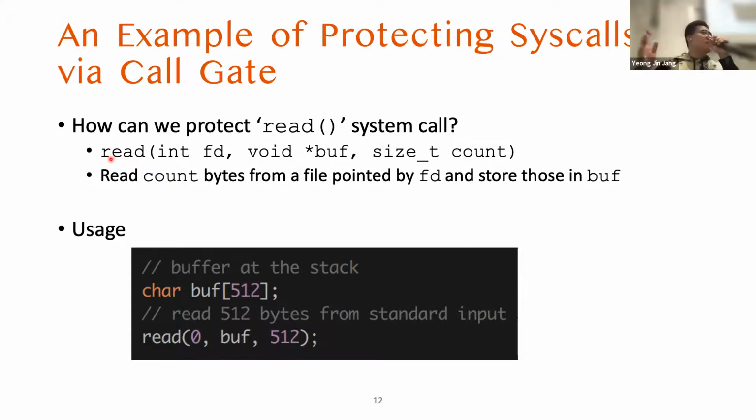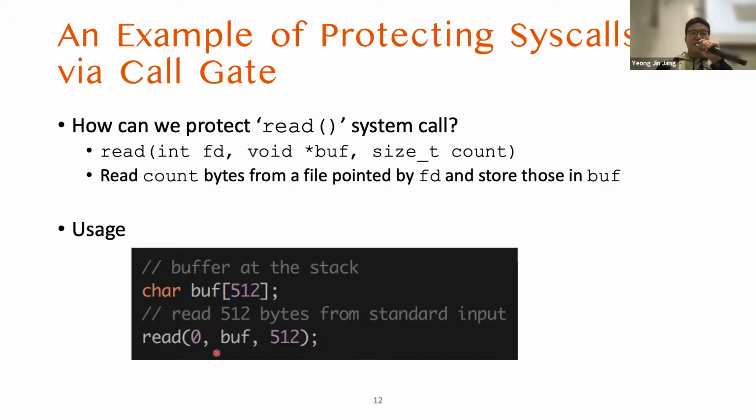To use the read system call, we set the read system call number in EAX. Then, as arguments, we put the file descriptor, then the buffer address, and then the count, to read count bytes of data into the buffer.